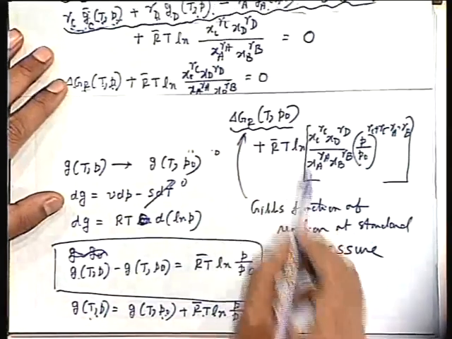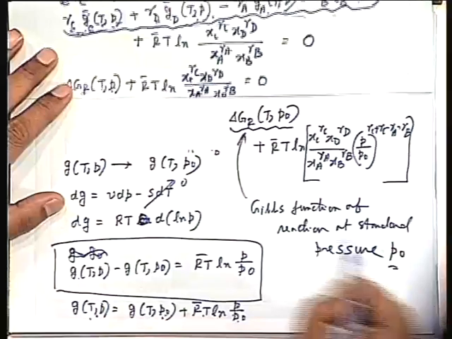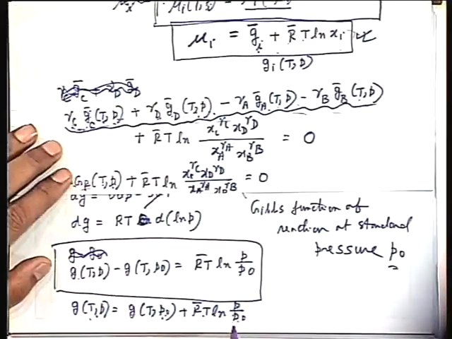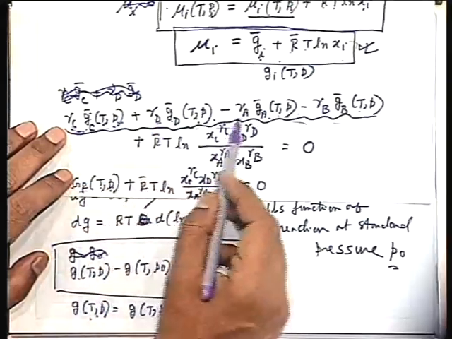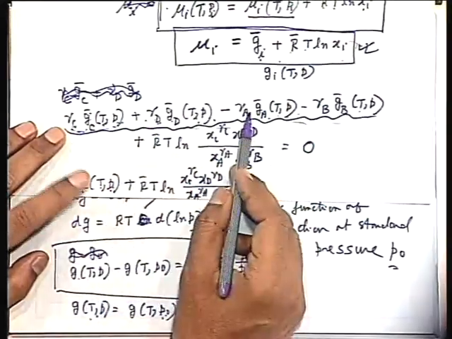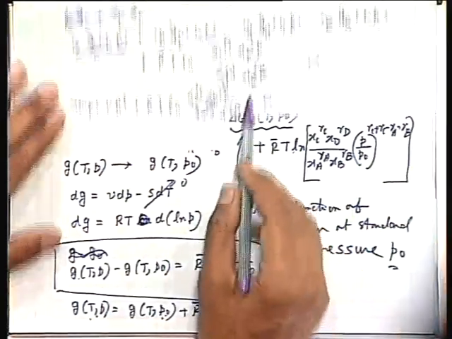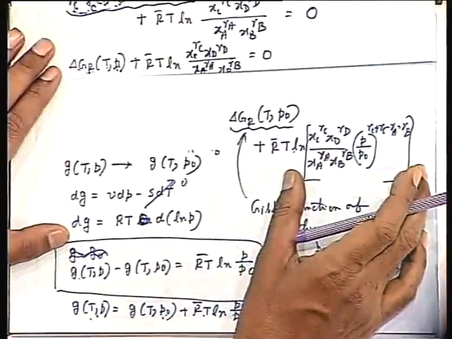Clear? So therefore standard pressure or reference pressure P0. So an extra term will come, R̄T ln(P/P0), which will be multiplied by the stoichiometric coefficient, positive and negative, which is raised as power in the ln, because this ln was already there, they are clubbed together.